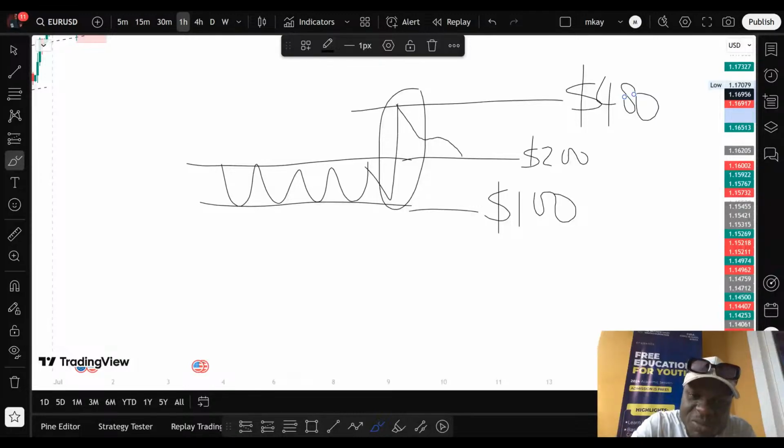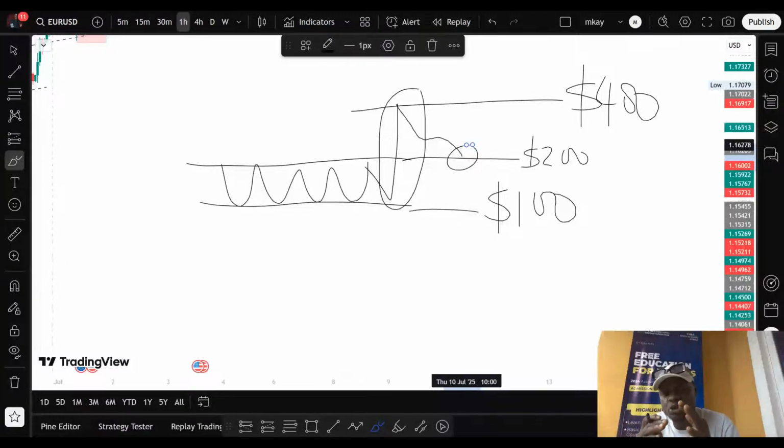So when the price comes to that $200, where buyers and sellers were agreeing at a particular time, you remember that time, right? Then you can now seek out other confluences. I'm making it simple this way.